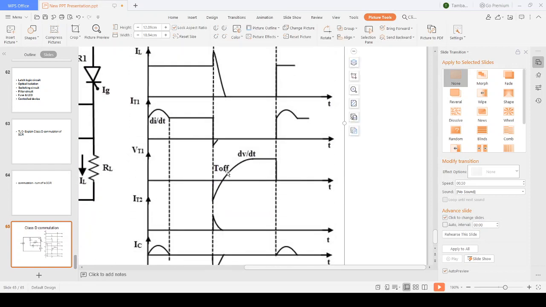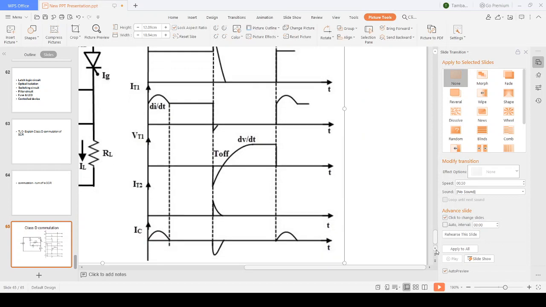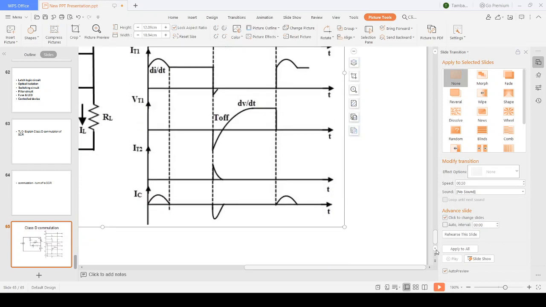Now, as you can observe, IC is the current flowing through the capacitor.